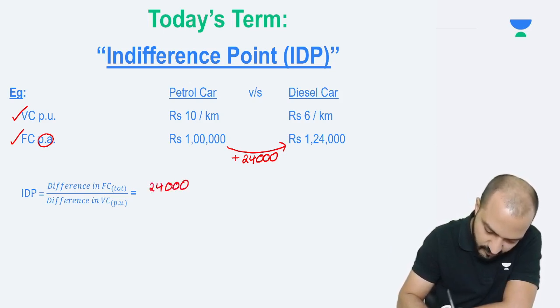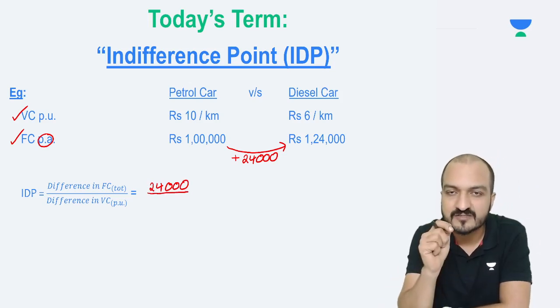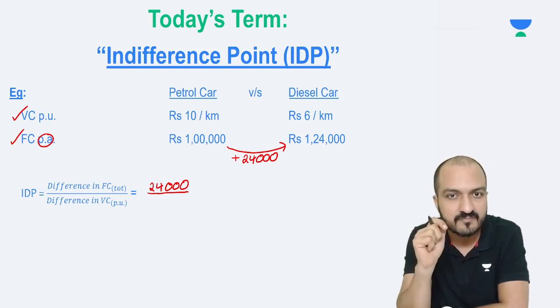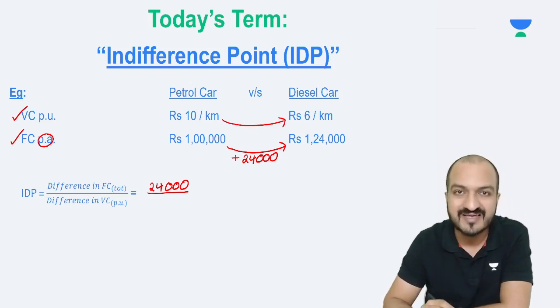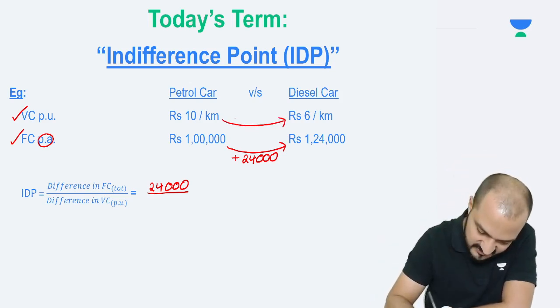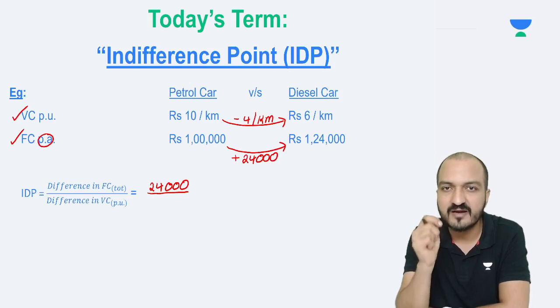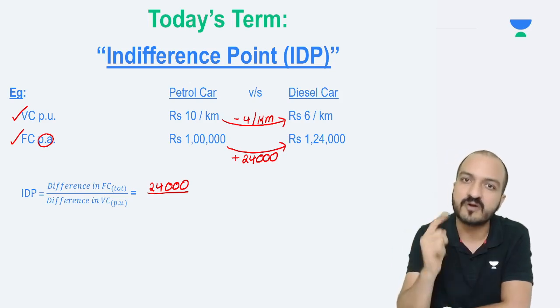Anybody would pay it because you expect to save some money in using the car. What is the money that you will save in using the diesel car? Because of usage cost, you have savings. How much is the savings? Savings is 4 per kilometer. So for every kilometer that you use the diesel car, you are saving 4 rupees as compared to the petrol car.